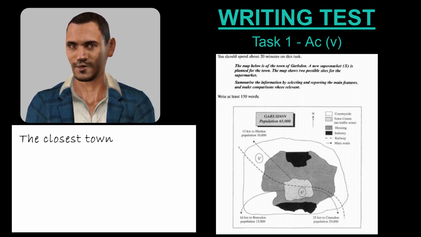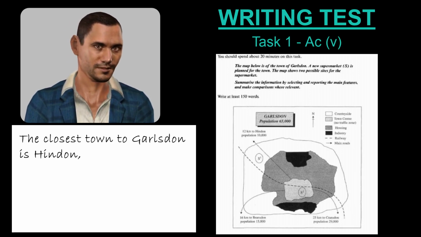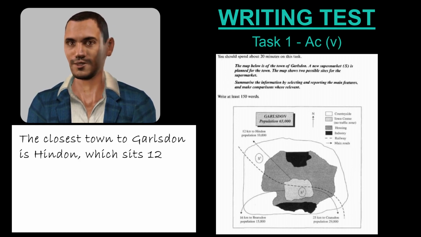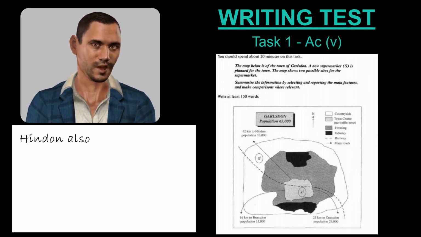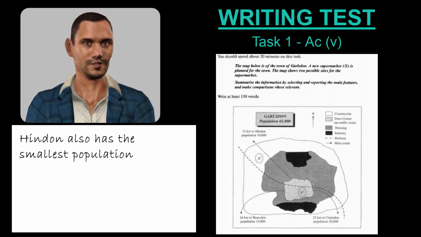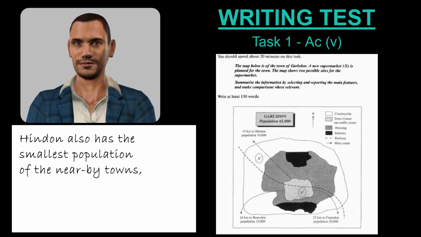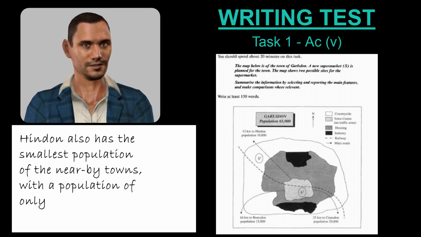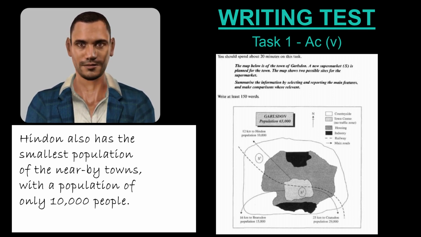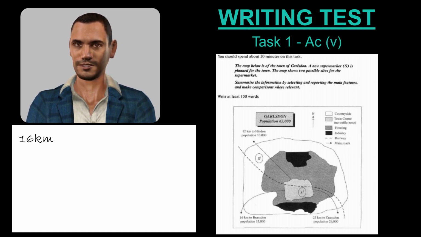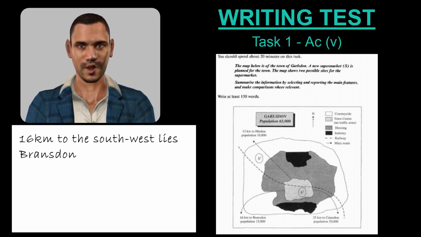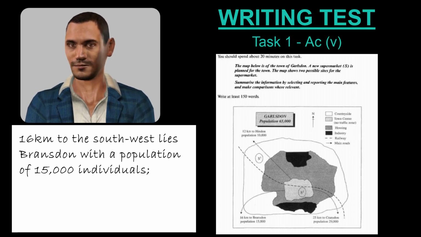The closest town to Galston is Hindon, which sits 12 kilometers to the northwest. Hindon also has the smallest population of the nearby towns, with a population of only 10,000 people. 16 kilometers to the southwest lies Branston, with a population of 15,000 individuals.